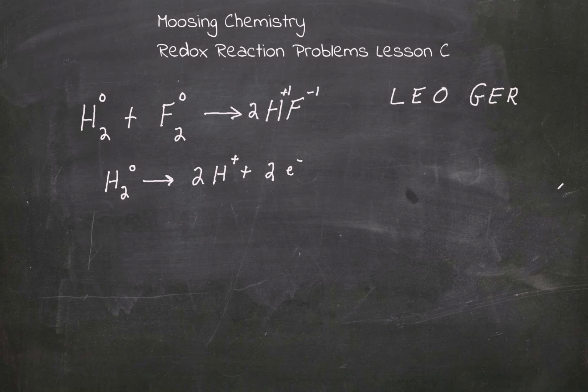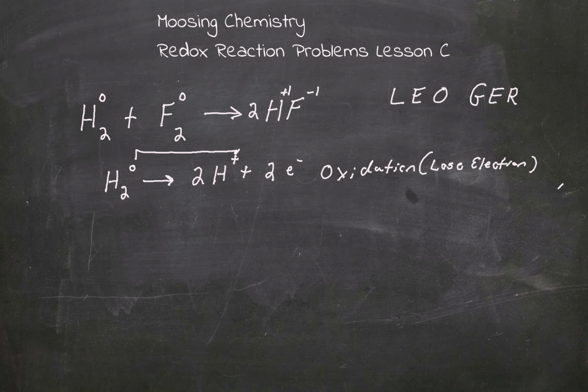Okay, so this is going from 0 to a +1, right? So we are oxidizing. We have oxidation going on here because we are losing an electron.